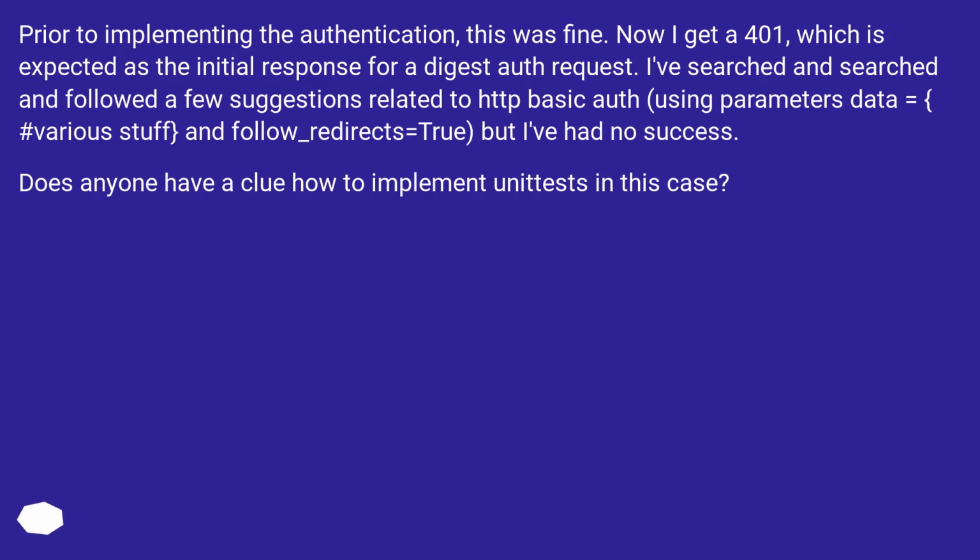Now I get a 401, which is expected as the initial response for a digest auth request. I've searched and followed a few suggestions related to HTTP basic auth, using parameters like data equals various stuff and follow_redirects equals true, but I've had no success. Does anyone have a clue how to implement a unit test in this case?